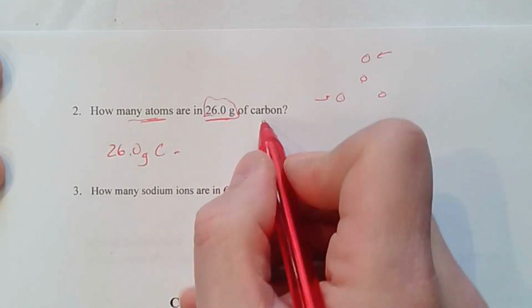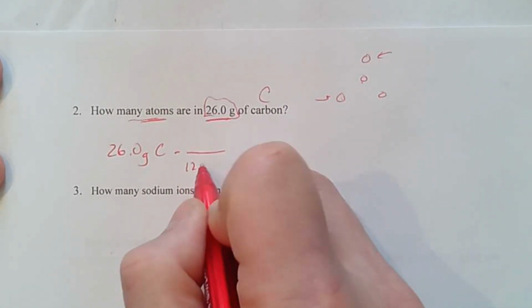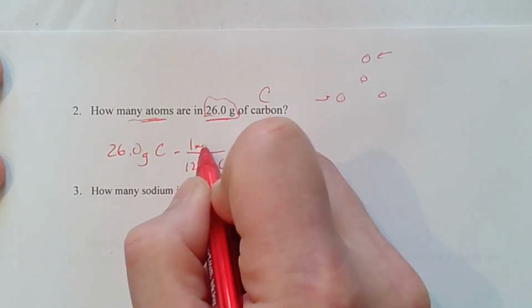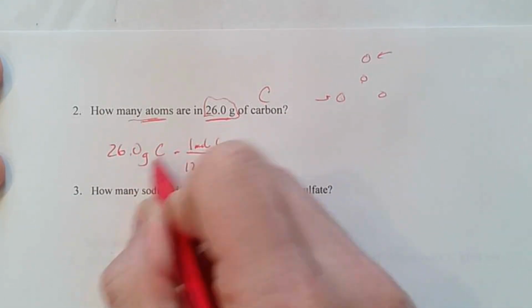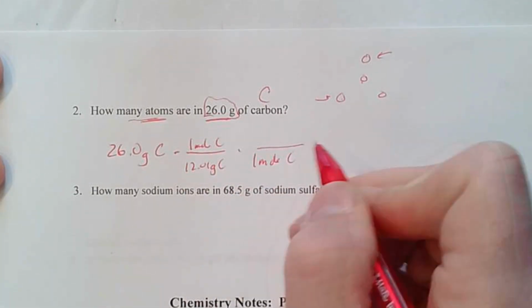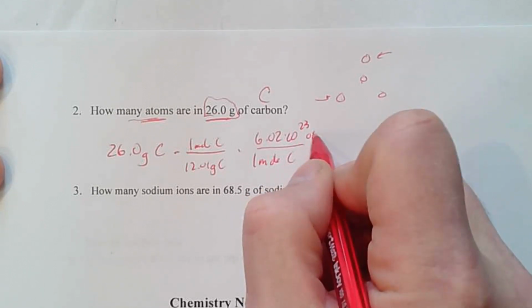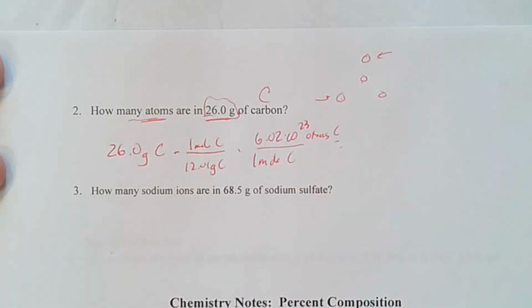So you look on the periodic table, the formula of carbon is C, and the 12.01 grams of carbon goes down there, the 1 mole of carbon goes on top, so the units cancel, and then this 1 mole here tells me, okay, this goes down here. The Avogadro's number, the 6.02 times 10 to the 23rd atoms of carbon goes on top.